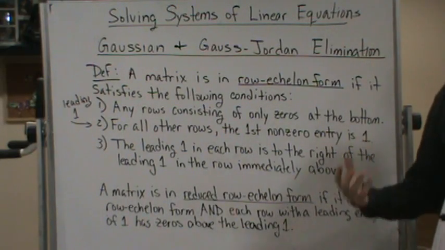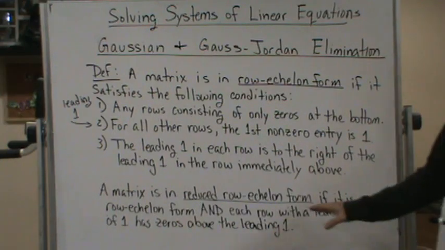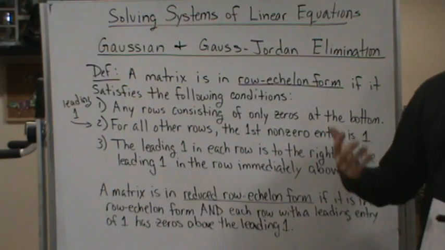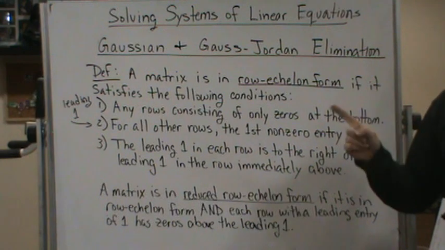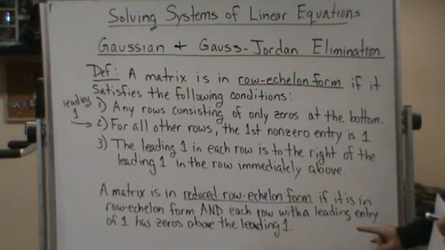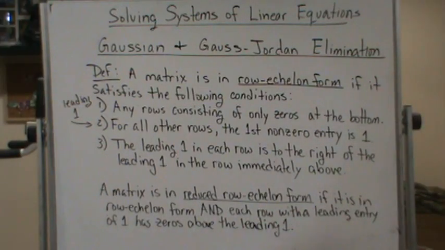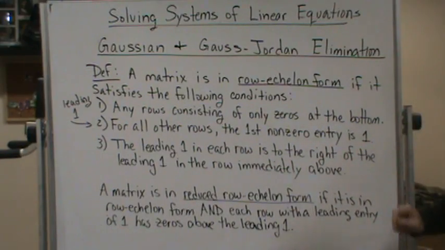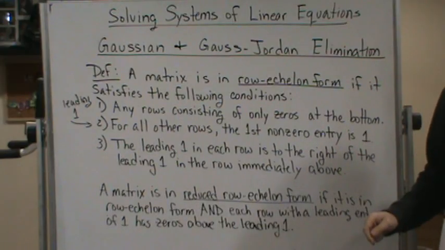If a matrix satisfies these three conditions, then we say that matrix is in row echelon form. Now, reduced row echelon form is a matrix that is in row echelon form and satisfies one more condition: each row with a leading entry of 1 has zeros above that leading 1.